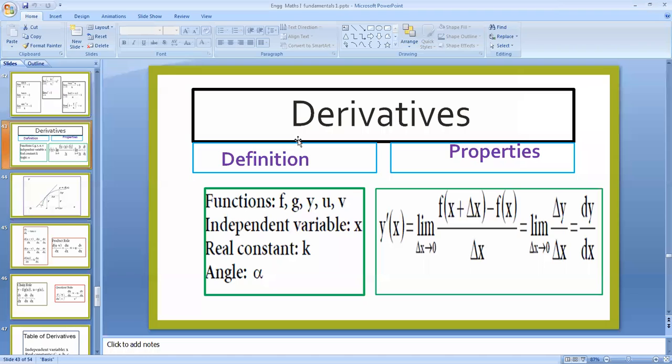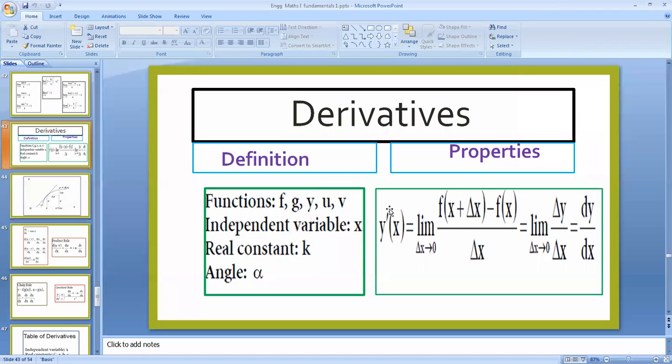It is the rate at which one variable, the dependent variable, changes with respect to the independent variable. That is, the infinitesimal change in the dependent variable with respect to the infinitesimal change in the independent variable, that is, a very small change in these variables. This was the actual definition of differential, that is, derivative.